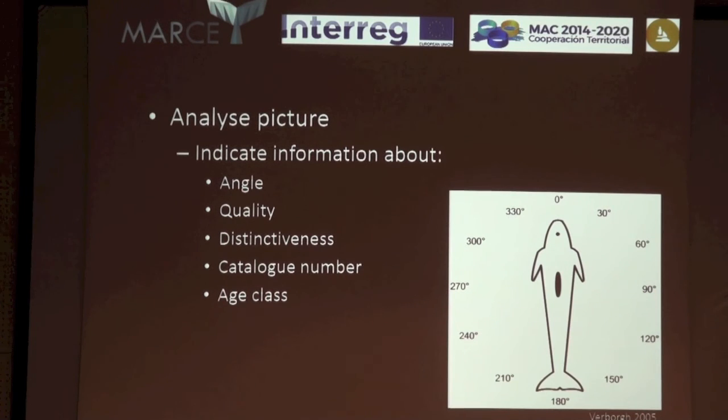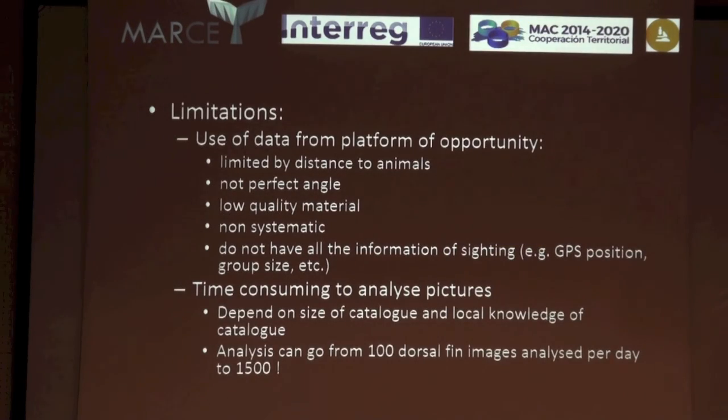Then the distinctiveness of the individual, so is the individual really well marked, or is it just a very small notch that might be difficult to see again in another picture. Which individual this dorsal fin corresponds to, and then sometimes the age class. With some individuals, you can actually know if you're seeing an adult or a calf in the picture.